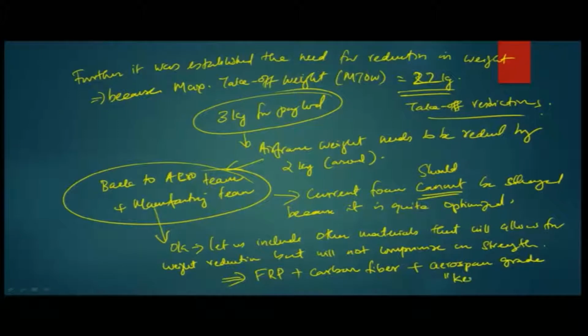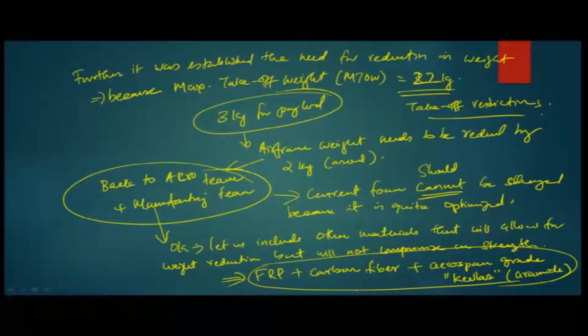We are using the term commonly known as Kevlar, or the right name is aramide, fabric. This process, instead of just FRP, would allow us to reduce the number of layers necessary to provide the strength. In that process, we reduced the weight, and through this manufacturing process, we were able to shave off approximately 2 kgs from the structure weight.